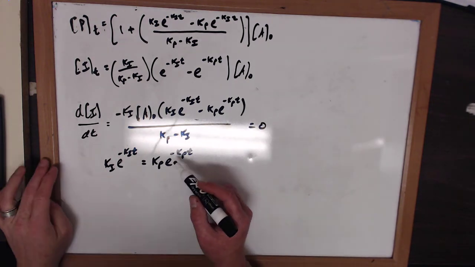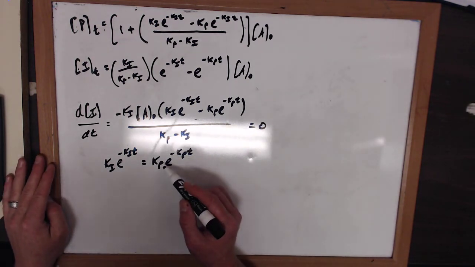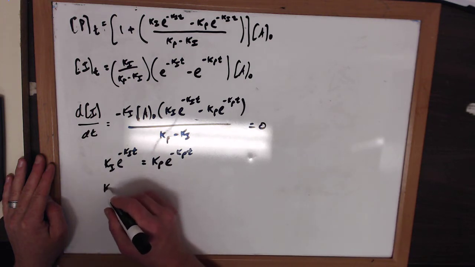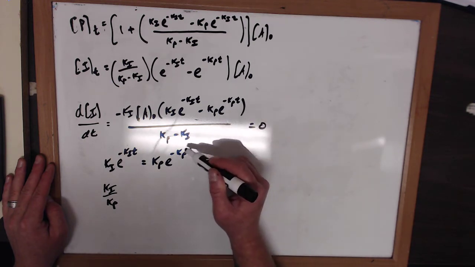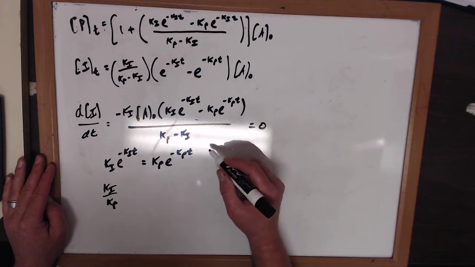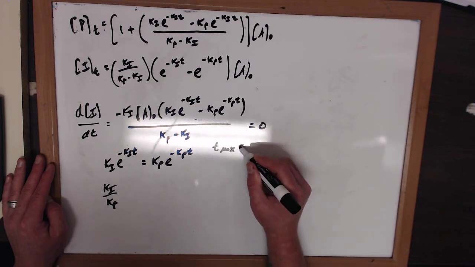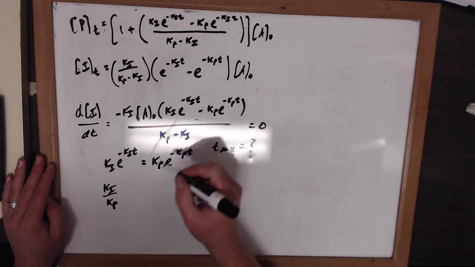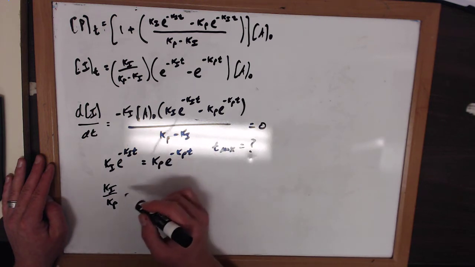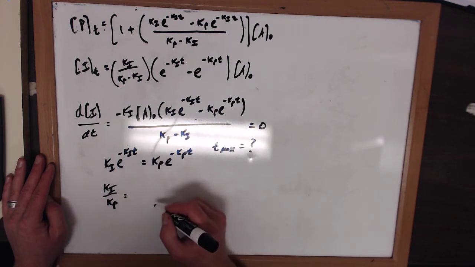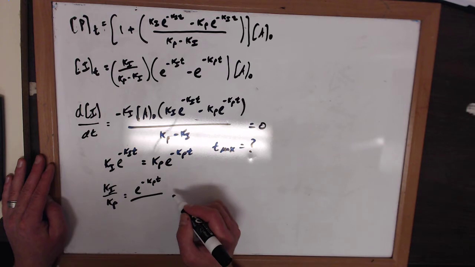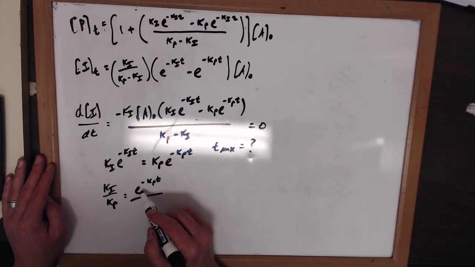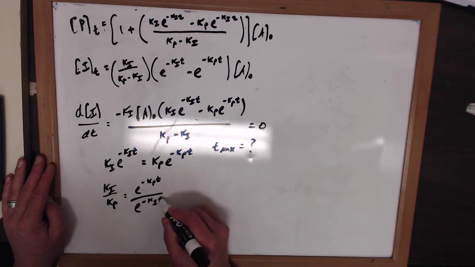And then now if we continue along and do some algebra on this equation, we rearrange and we get Ki divided by Kp, because recall, our goal is to solve for t. We're looking for t max for I. So rearranging this algebraically, Ki divided by Kp equals the exponential of negative Kp times t divided by the exponential of negative Ki times t.